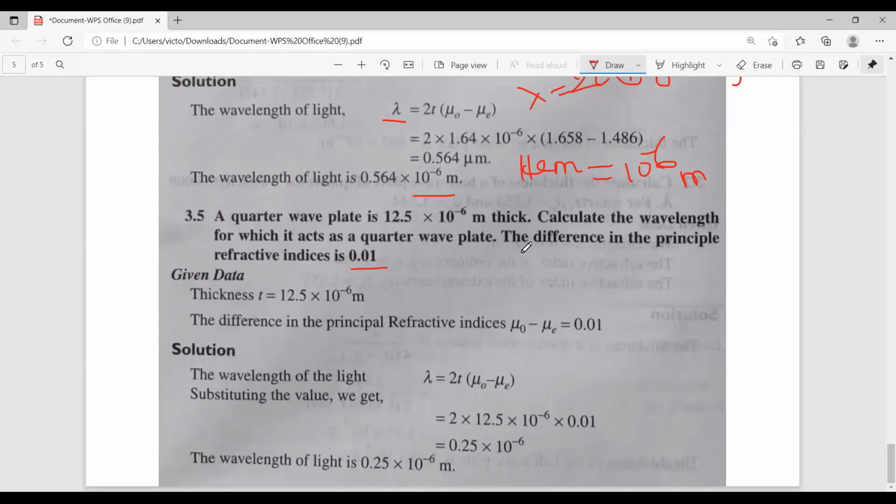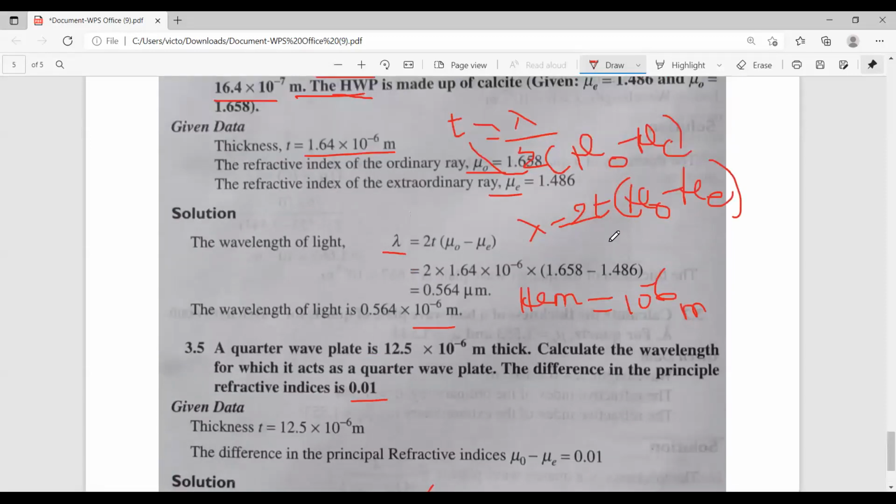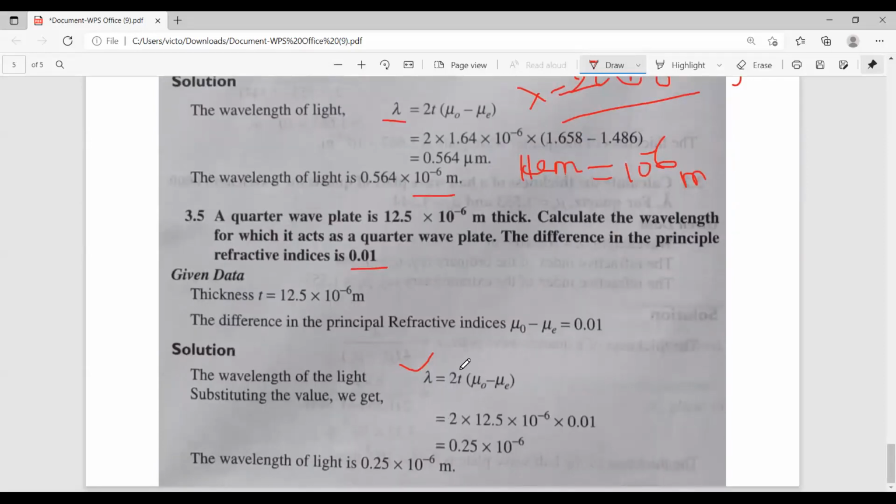Here the difference in the principal refractive indices is directly given, that means μO minus μE is given. The expression for lambda is lambda is equal to 2t (μO minus μE), which we already derived. Thickness is 12.5 into 10 power minus 6 and the difference value is 0.01. Finally, we get the wavelength 0.25 into 10 power minus 6 meters.